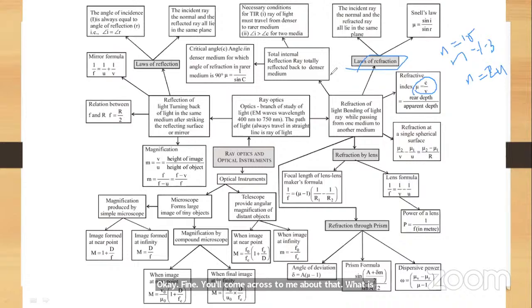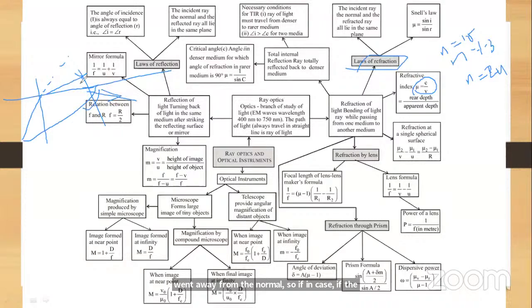Now, another concept is called the critical angle. This is quite an important concept. What is the critical angle? When light enters from denser to rarer medium, as you saw, light went towards the normal going from rarer to denser, and goes away from the normal going from denser to rarer. If the angle of incidence is greater than some angle, the light will be totally internally reflected back into the same medium.